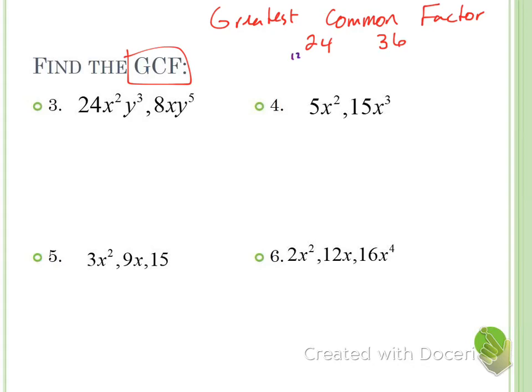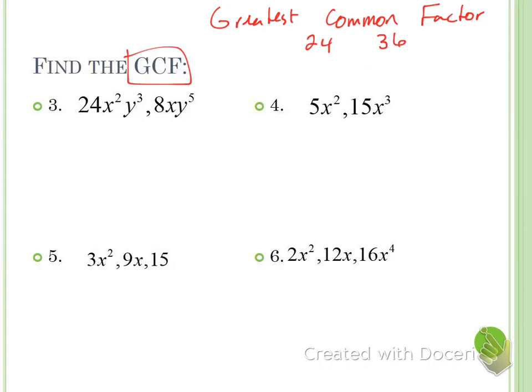I know that 12 will go into 24 and 12 will go into 36, right? But I don't think there's anything bigger. 24 won't go into 36, right? So since 12 is the largest number going into both of those, 12 would be your greatest common factor. That's what we're looking for, right? The biggest number that I can divide into whatever it is I'm talking about, right?